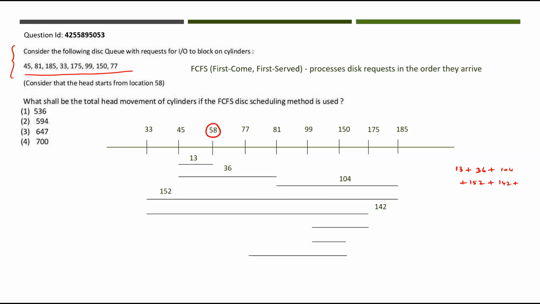Then 175 to 99 will be 76. 99 to 150 will be 51. 150 to 77 will be 73. When you add up all these, you will get a value of 647. This will be the total head movement of cylinders when we use the FCFS disk scheduling method. Option number 3, 647, will be the right answer.